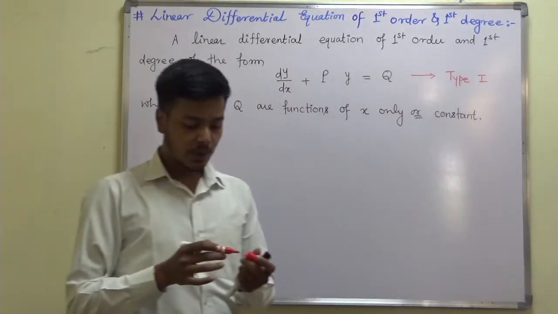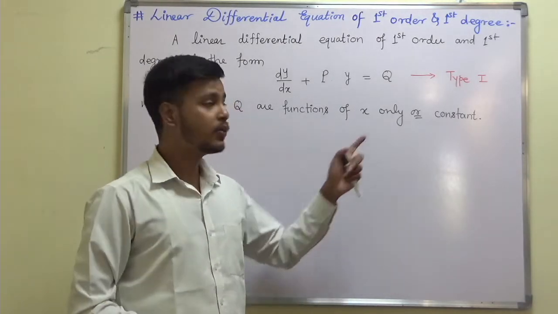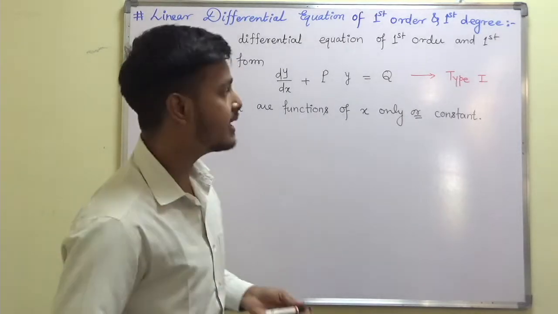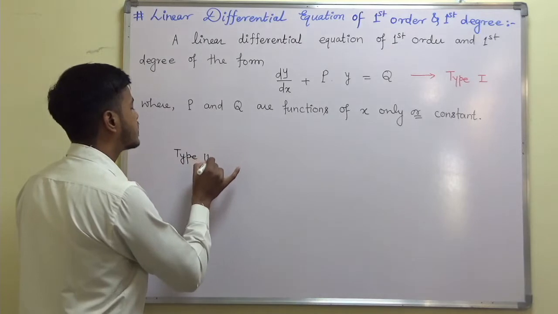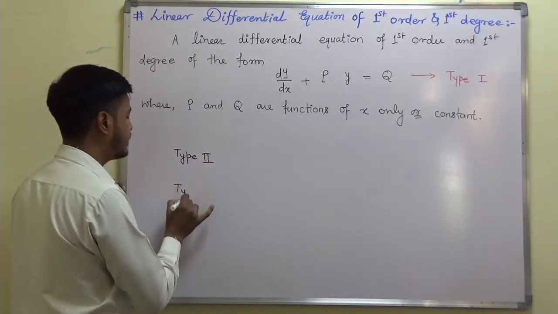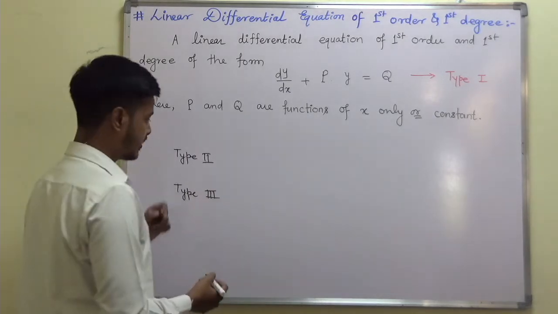Now in this topic we have three different types of this linear differential equation. First one is this type, then type 2 and type 3 that we will take in the next half of this topic.